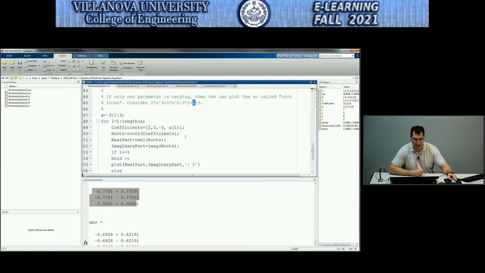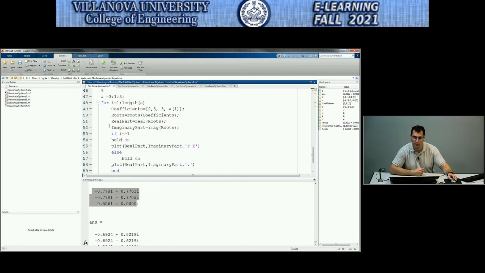And that varying coefficient runs between -3 and 3 with the step 1. So I'm opening up a for loop. I'm going to define the coefficients of the polynomial. I'm going to find the roots. And I'm going to plot those roots on the figure. How do I do that?